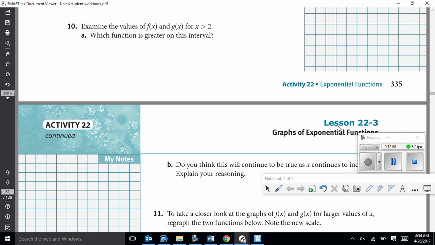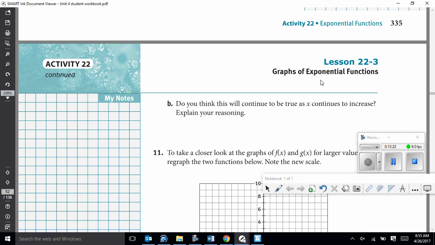And if we look at our table, for g of 2, they were equal, right? They were both 4, but g of 3 was greater than f of 3, right? And g of 4 is greater than f of 4. And g of 5 is greater than f of 5. So we said that the g function was greater.